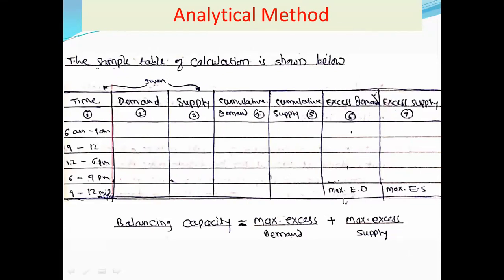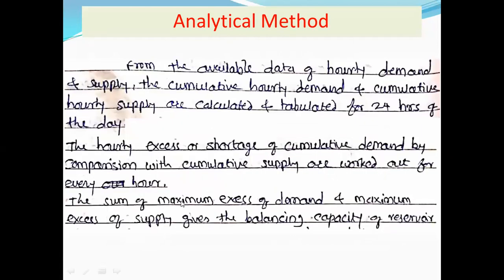Out of these, we take the maximum excess demand and maximum excess supply to find the balancing capacity of the distribution reservoir. So this is the analytical method.